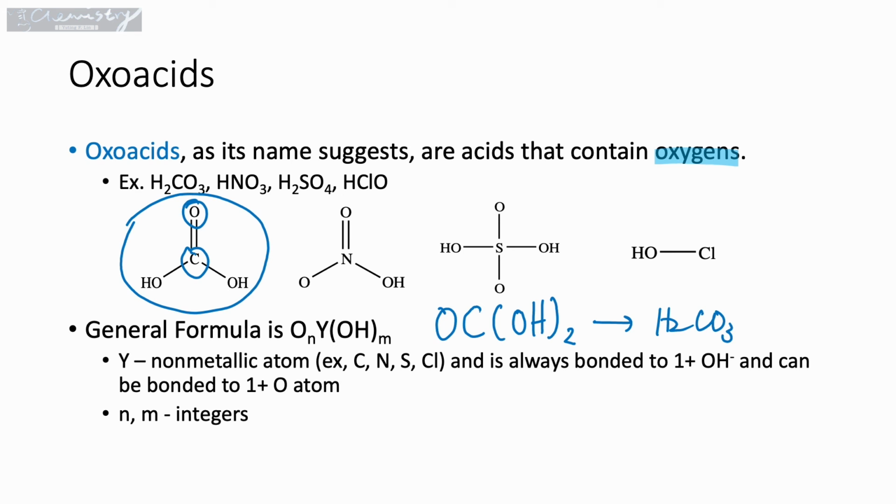The reason why I want to introduce this general formula is because the number of O's and number of OHs does matter later on when we're looking at how we can determine acid strength.